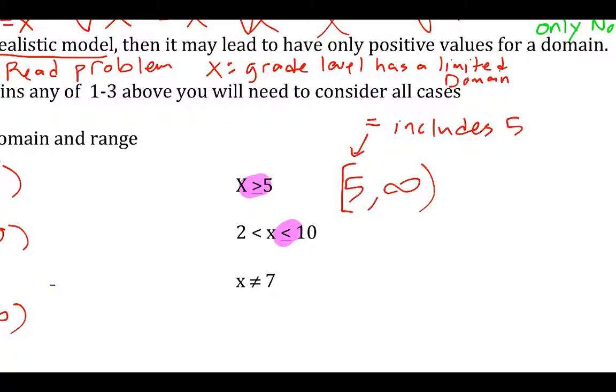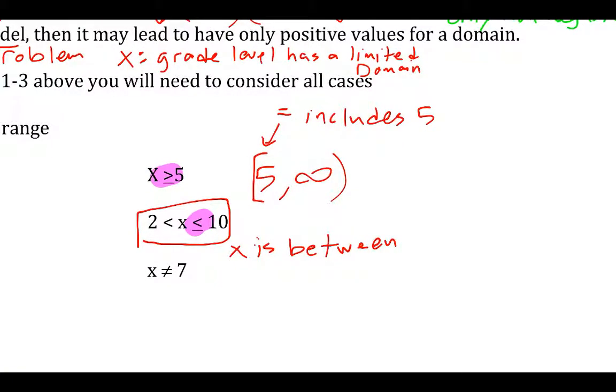Next one down is a squeeze type. This is a way of saying x is between. Put two less than symbols. So we like to squeeze numbers. We're always talking about between this and this. But how tall is that individual? Somewhere between 5'9" and 6'1", somewhere in that ballpark. So x is between 2 and 10.